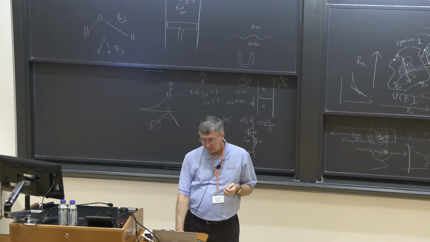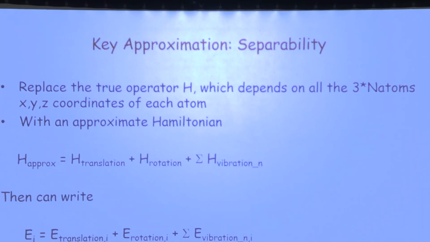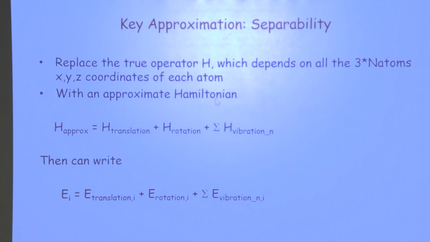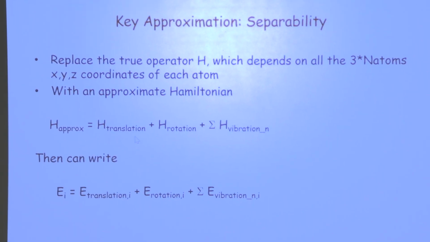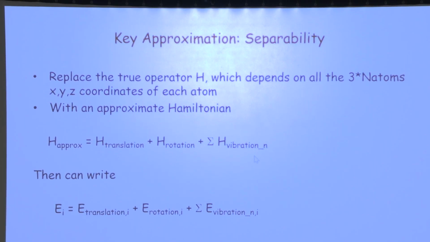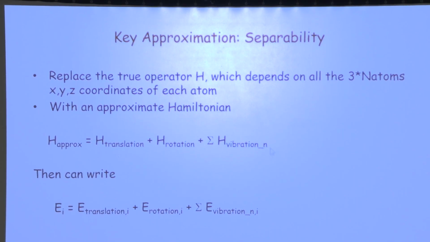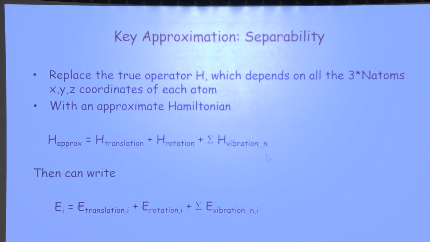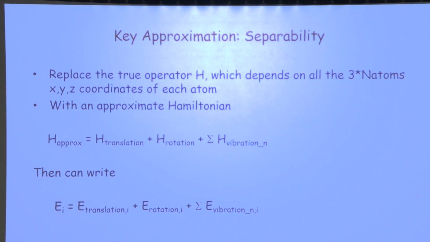And the key to making it possible to figure out the energies is to approximate the Hamiltonian as the sum of a translational Hamiltonian, a rotational Hamiltonian, and vibrational Hamiltonians. And in fact, to subdivide this one into n different vibrational Hamiltonians for different vibrations.